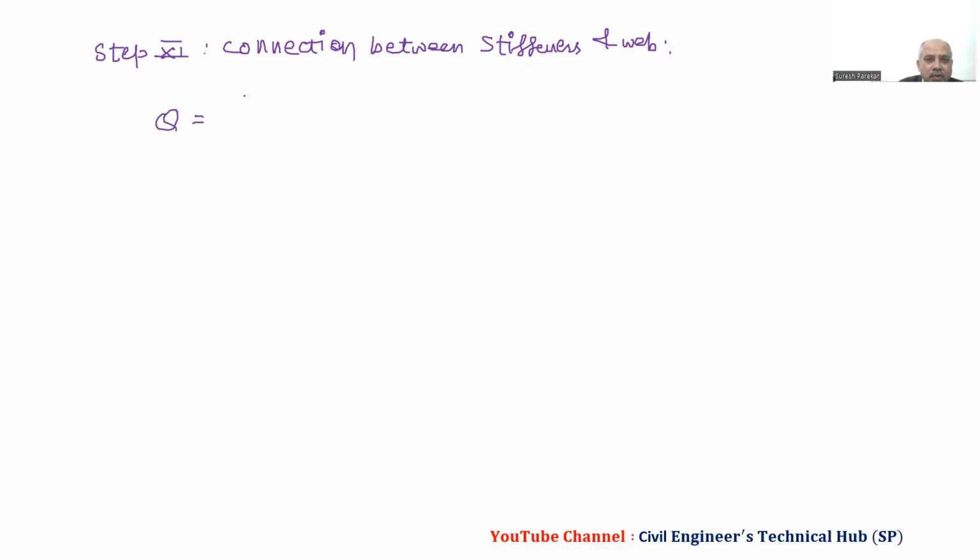Q is equal to TW square upon 5BS. We have TW 10 square upon 5 into BS. Now we are considering vertical stiffener because then Q will be more in that case. Therefore, we have this value 0.25 kilonewton per meter given in IS code. I already mentioned. You have to go to that video and see all clauses.